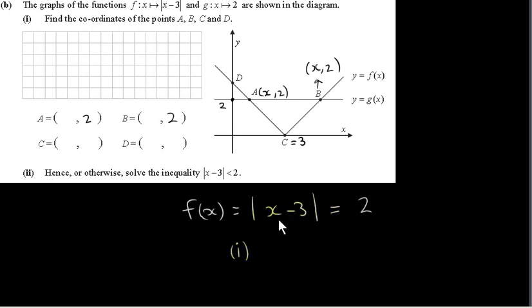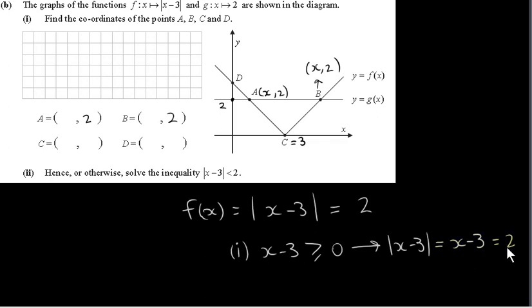The first case is where the quantity that we're getting the magnitude of is positive, or 0 we could say. In that case, the magnitude of the quantity is just the quantity itself. If x minus 3 is positive or 0, getting the magnitude of it doesn't do anything.